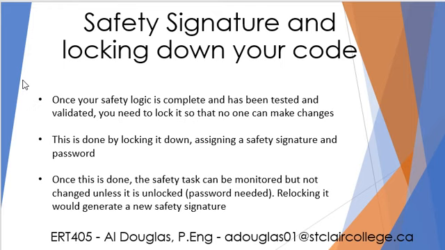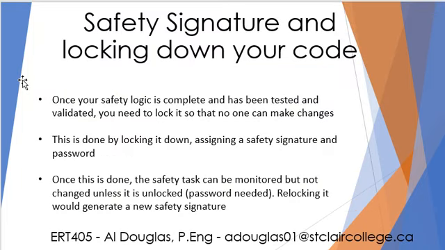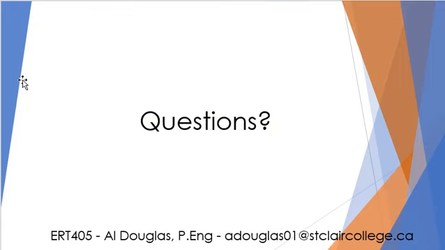So you basically assign a password. It creates a passcode that you will see, and that way no one can come in and change your safety logic after you have locked it down with a safety signature. People can monitor it, but they cannot change it unless they know the password. And that is about it for Safety PLC.